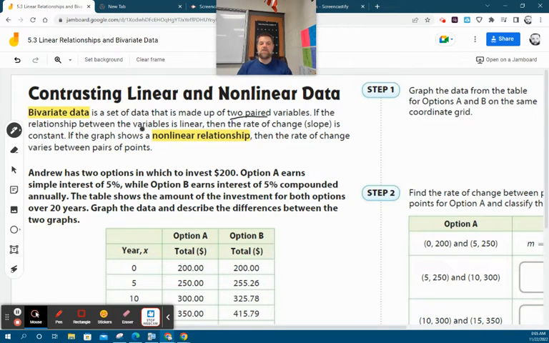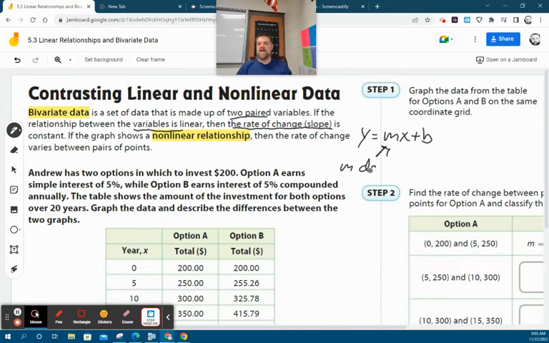If the relationship between the variables is linear, the rate of change, and this is important, I really want you to underline this, the rate of change, or what we call the slope, is constant. So in a linear function, write this down somewhere, y equals mx plus b, and then we would say this is a linear function.